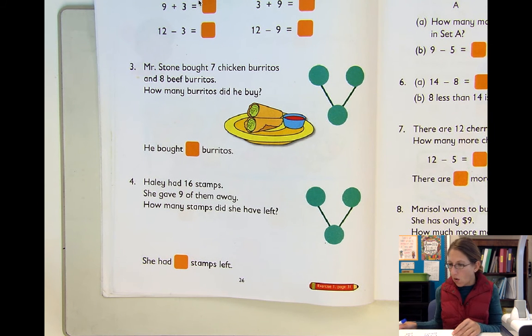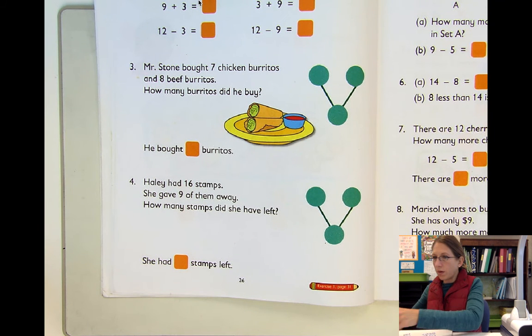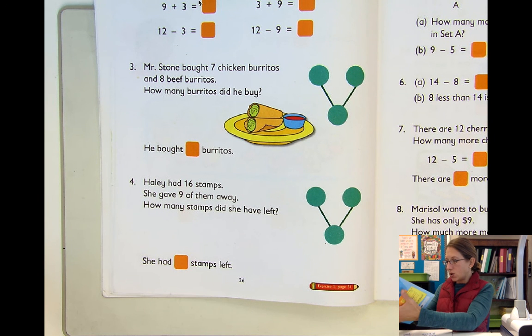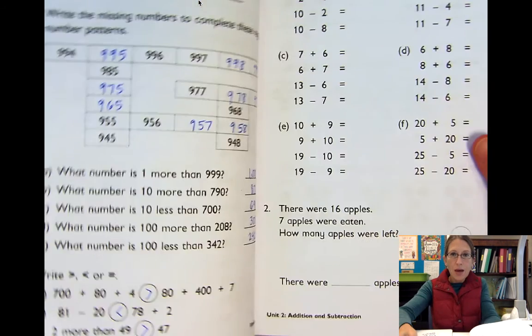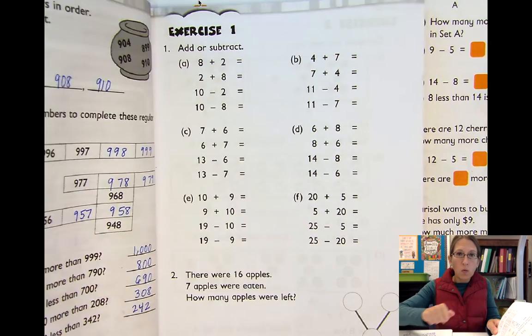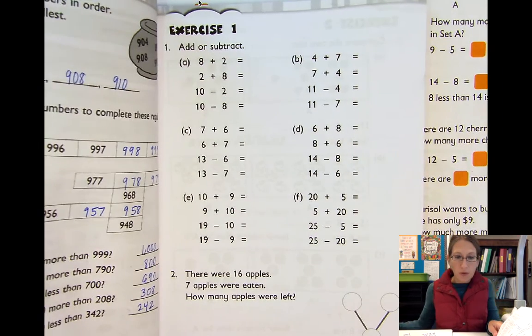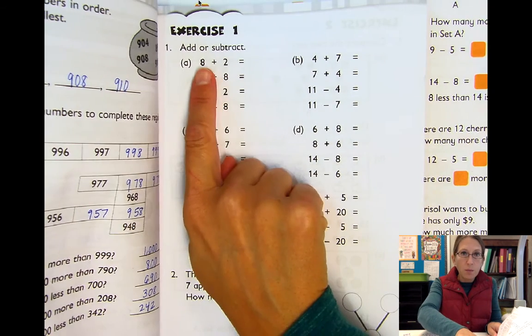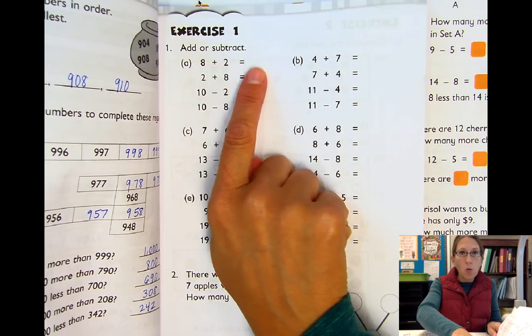All right, so your homework for today is page 31. And it's only one page for today. Let's see, where is it? Here it is. And we're working on fact families and thinking about which number is the whole and which number is the part. So here we have part plus part equals whole.